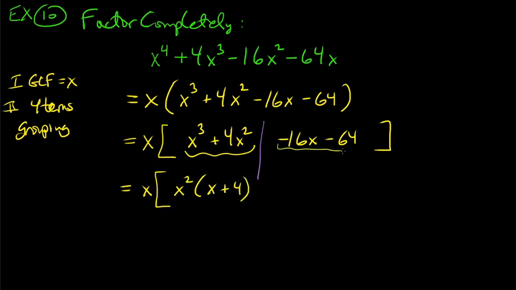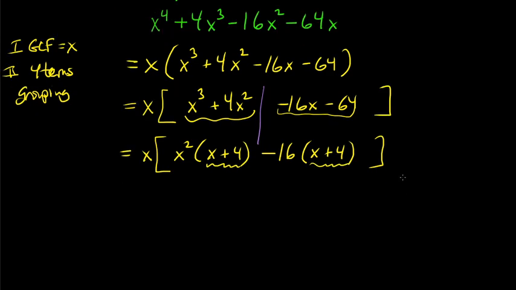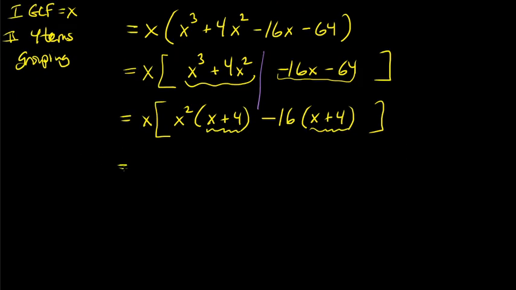From the last 2 terms, we can factor out a negative 16, leaving you with x plus 4. Okay, so this should work because we have a common factor of x plus 4. So let's factor that out.